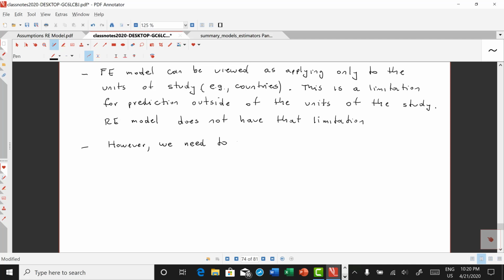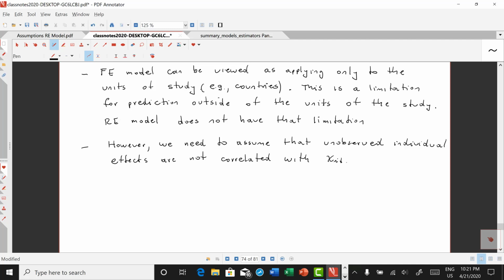So we need to assume that unobserved individual effects are not correlated with X_it.